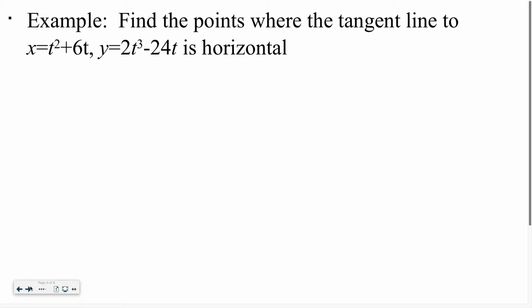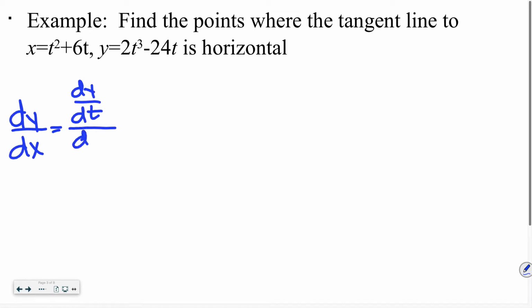Because our derivative will forever be, in a parametric equation, dy/dt divided by dx/dt. So if I want my slope to be 0, what specifically do we want to be 0? We want dy/dt to be 0. So if I ask you for where a horizontal tangent line is, we want dy/dt to be 0.